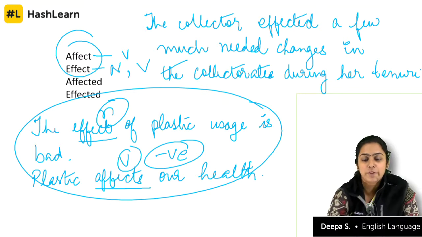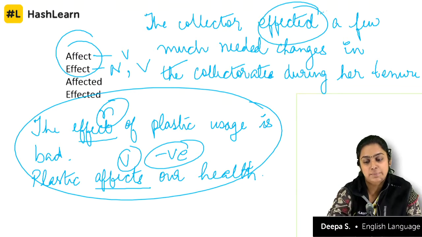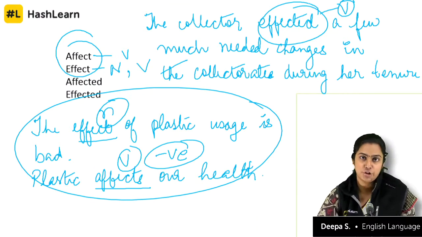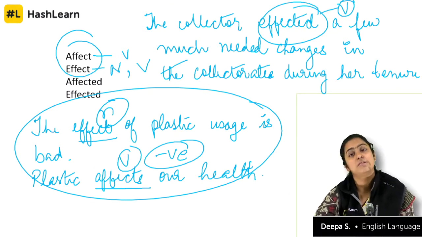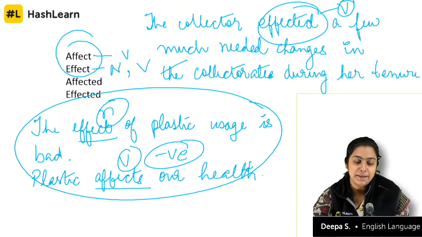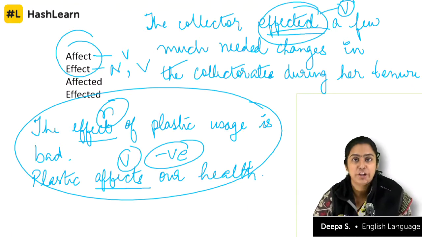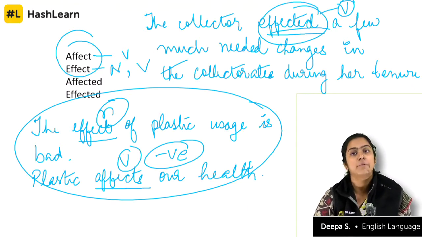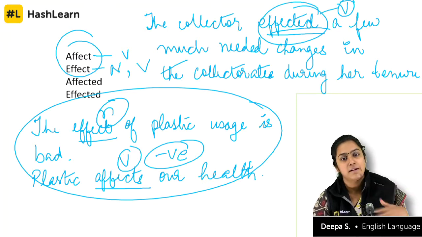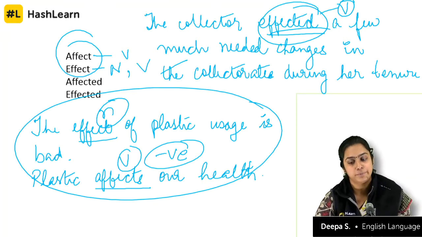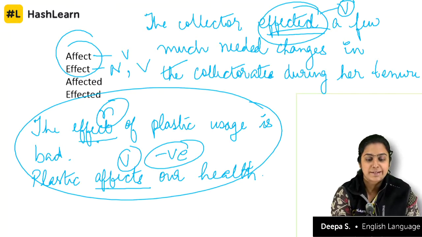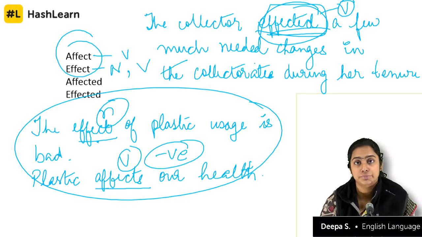Okay. Now, when you put effected as a verb here, okay, it means bring about a change. Now, this, remember, is used in uber formal contexts, okay. So, it means bring about a change, effect a change, and it is used only in very few instances where the context is super formal, okay. So, remember that very well, affect, effect and effect as a verb, okay.